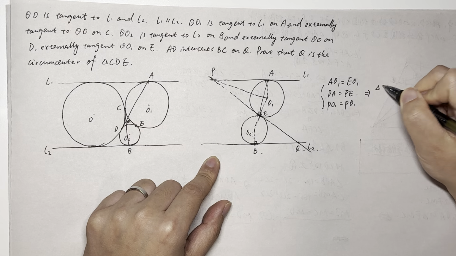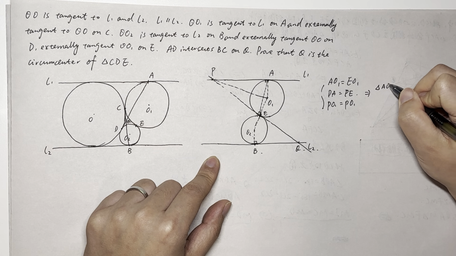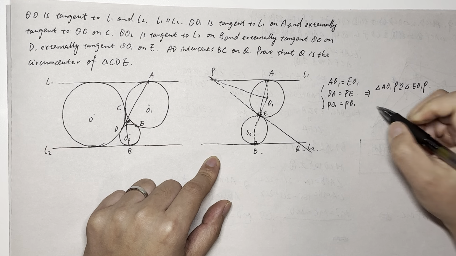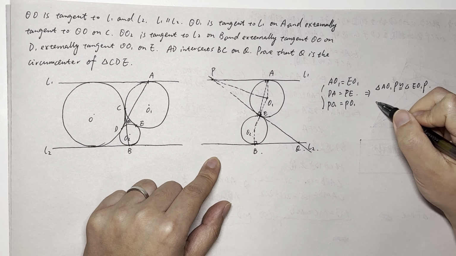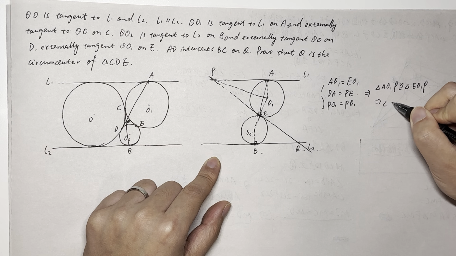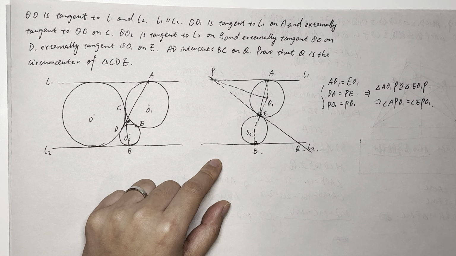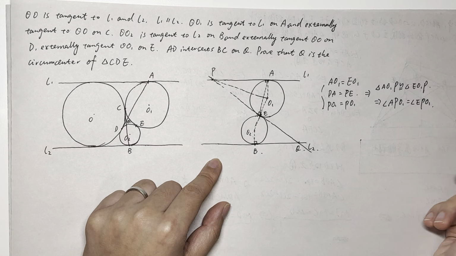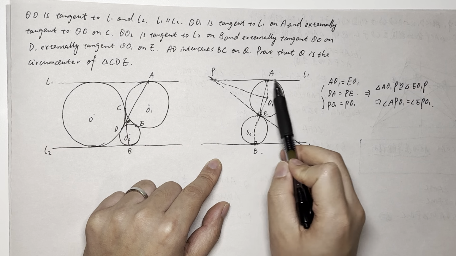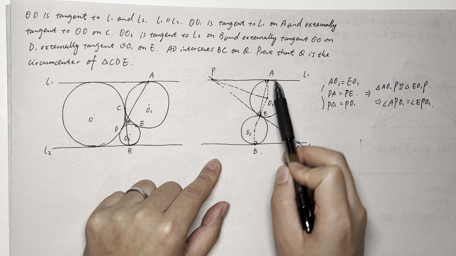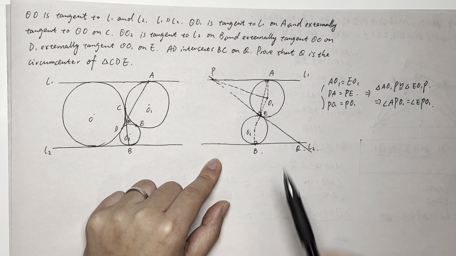So triangle AO1P is congruent to triangle EO1P, which means angle APO1 equals angle EPO1. This is obvious because PA and PE are tangent lines. Of course, PO1 is the angle bisector of angle APE.